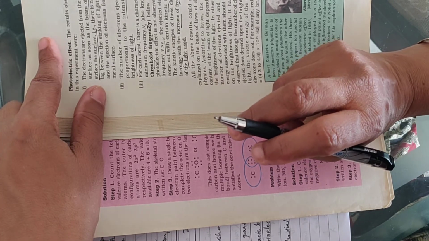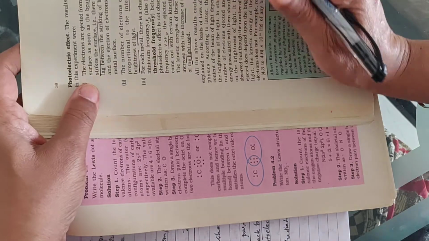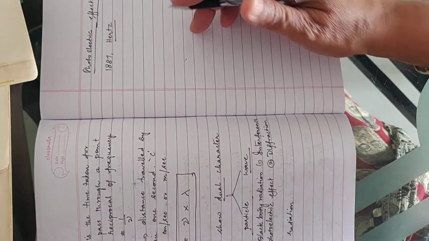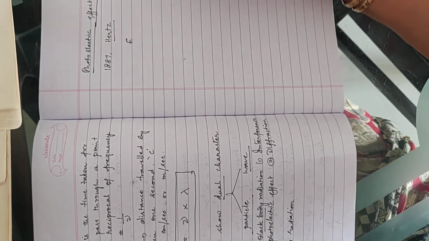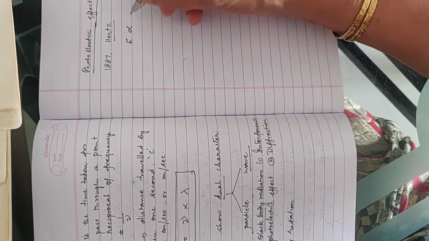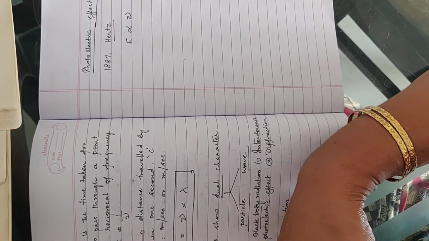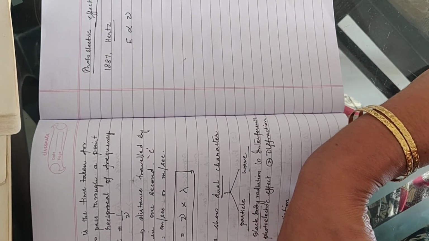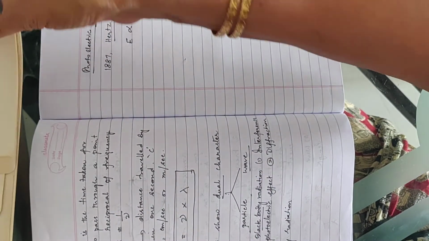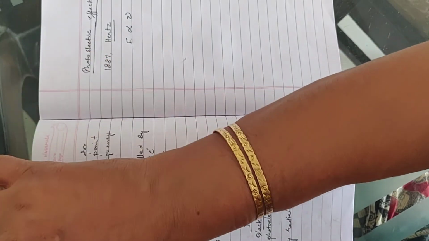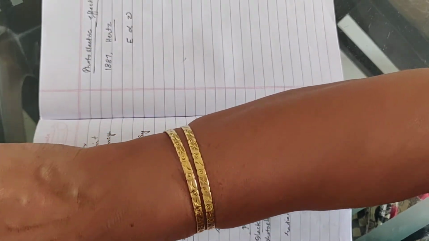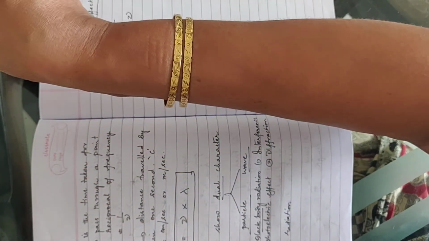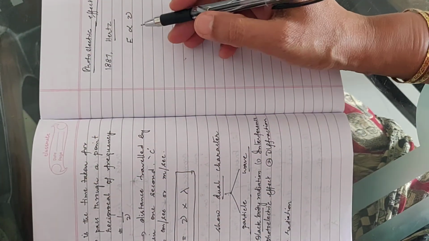Now, it was also suggested that the energy of the incident radiation is directly proportional to its frequency. This was given by Max Planck, who told that E is proportional to nu.